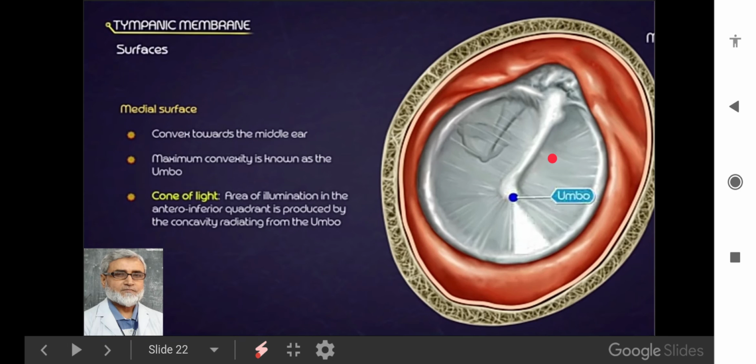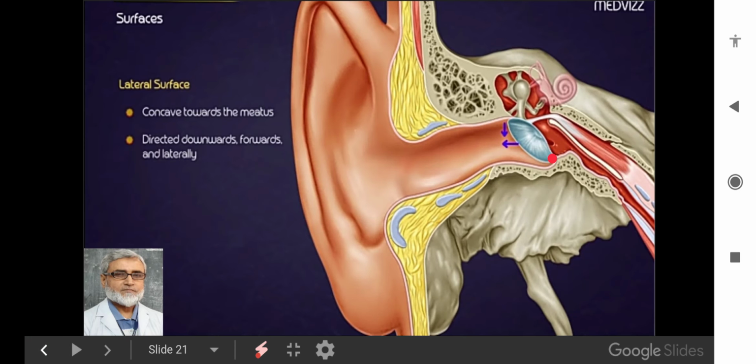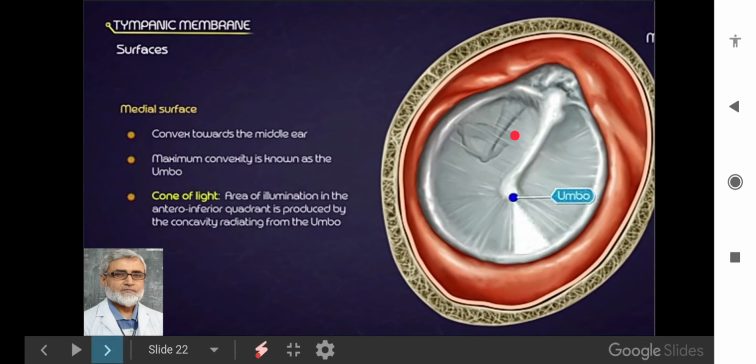The maximum part of convexity, this area, this region, is known as the umbo. This is known as the umbo. This is a very important part. Just remember: the medial surface is convex towards the middle ear, and the maximum convexity is known as the umbo.